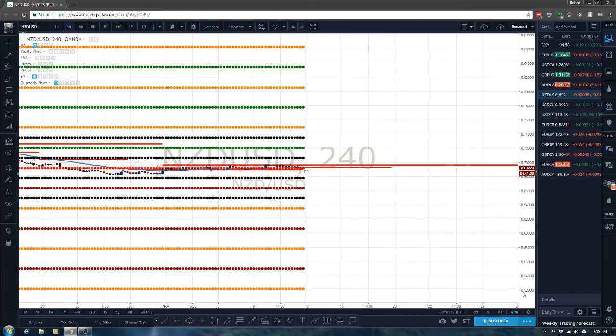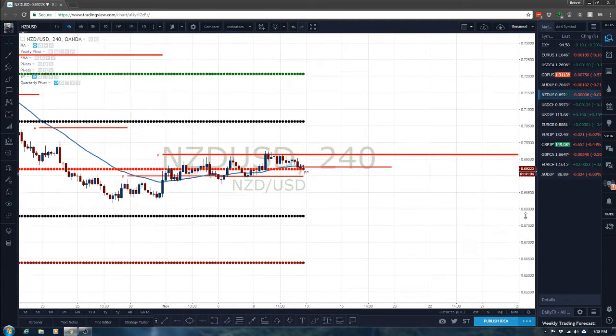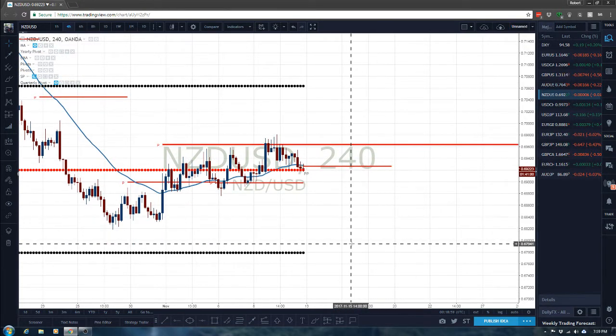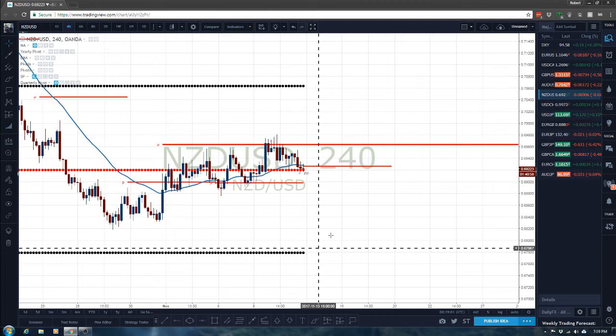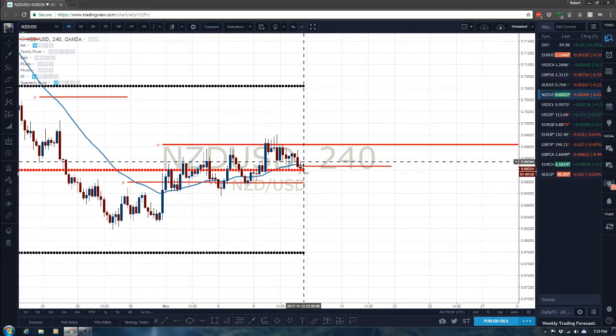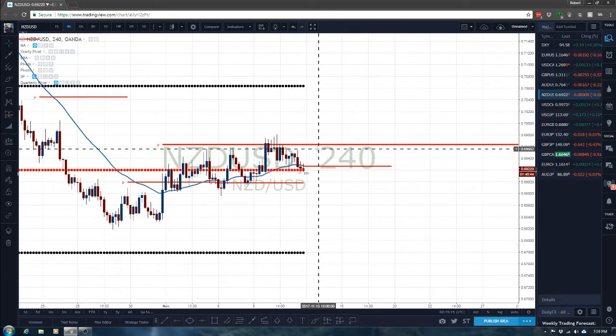New Zealand dollar. New Zealand dollar last week bounced off the monthly pivot and continued to head lower. It is currently resting at the yearly pivot and is just below the weekly pivot. It's kind of a key area right now. If price breaks above, there's a lot of confirmation right here, but we need to see which way it's going to go. Price can come straight up from here, or it could start to head lower.